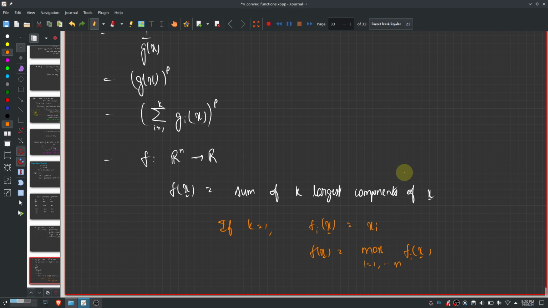Are you sure that the second largest component, so let's define a new function f of x to be just the second largest component of x, is going to be a convex function? Correct, I remove that largest component from the set, which is exactly equal to the second largest component of x. Are you sure? In general, it's not.